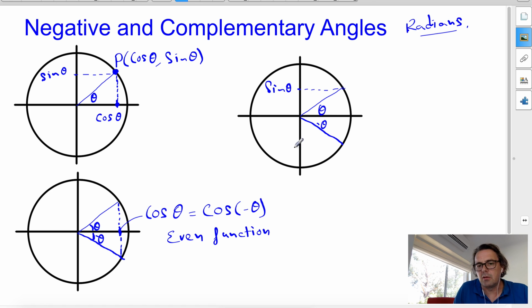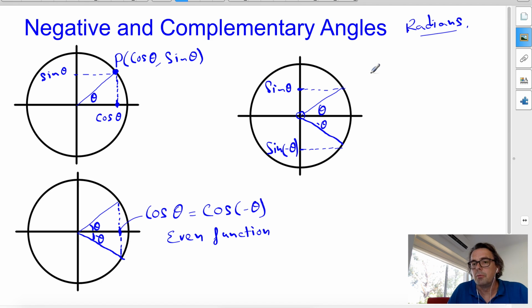But for the negative angle, the value is here. The sine of negative theta. But this number here is the same number on the y-axis as the number here, only this one is negative. You see, the origin is here, this is a positive number, there's a negative number, but it's the same otherwise.